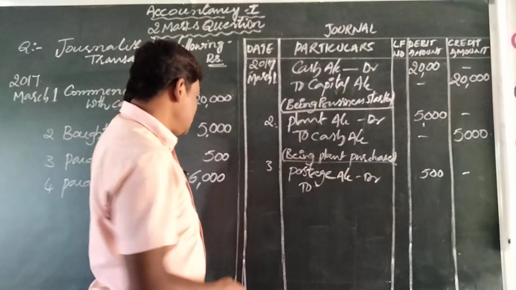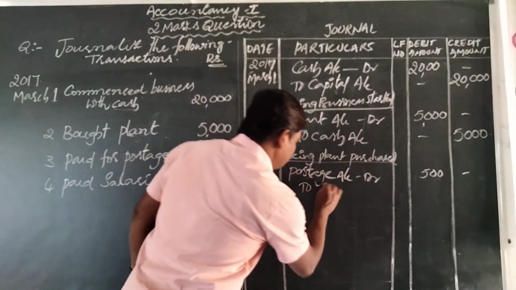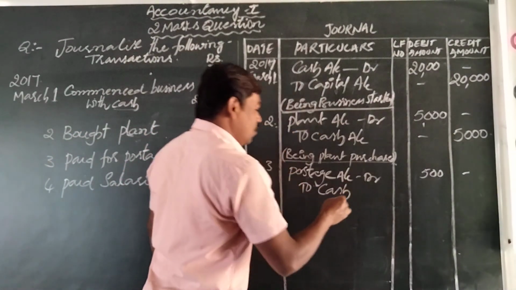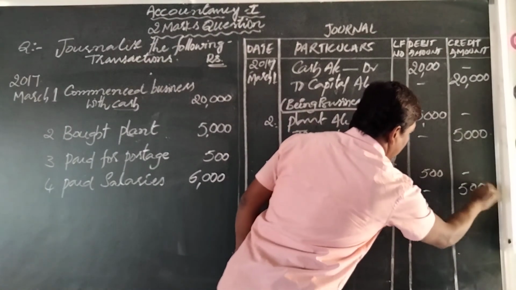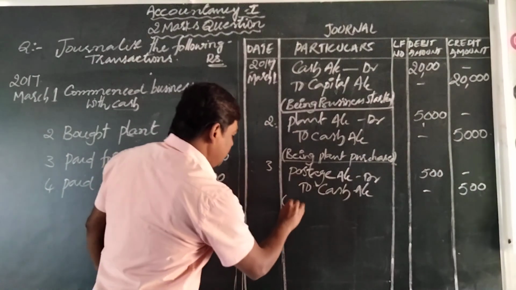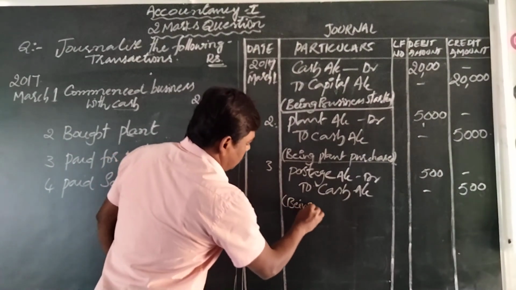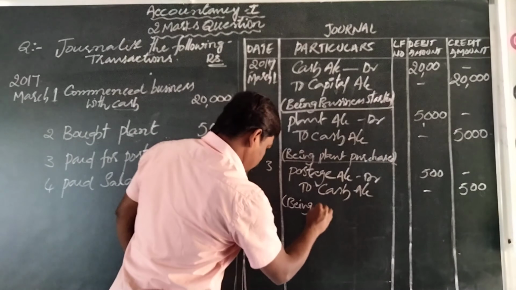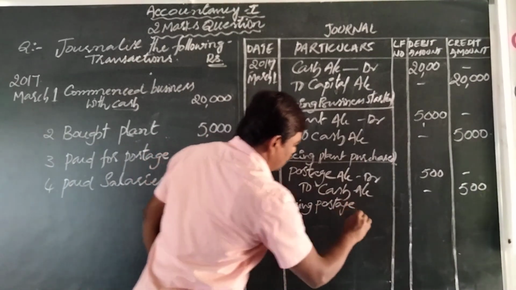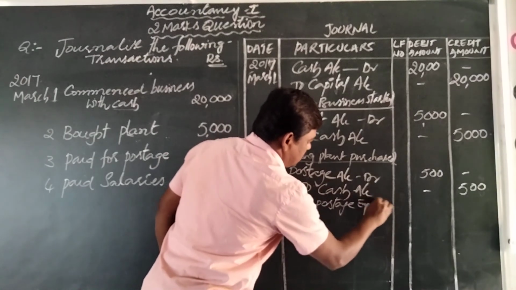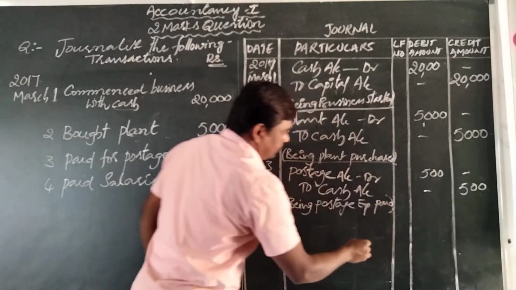It is going out of the business. That should be credited as per real account principle. Cash account 500. Narration, you write, being postage expenses paid.